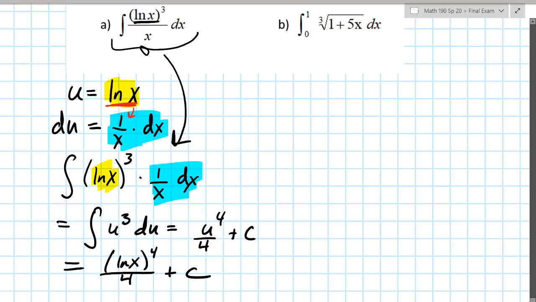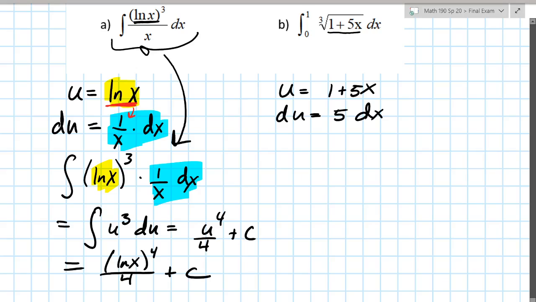For part B, notice we have a definite integral, so our answer should be a number. This is also a u substitution problem. Notice we've got an inside function here. So we're going to say, let's let u equal 1 plus 5x. So du equals 5 dx.